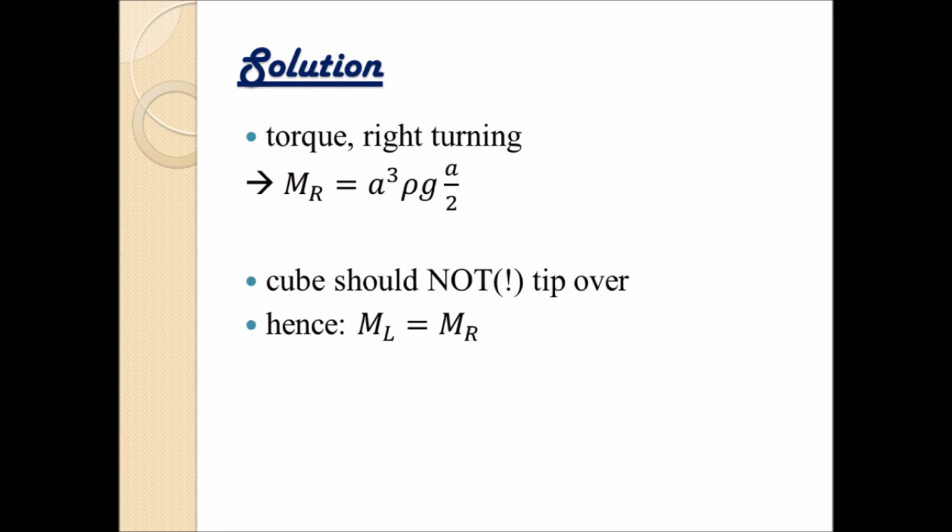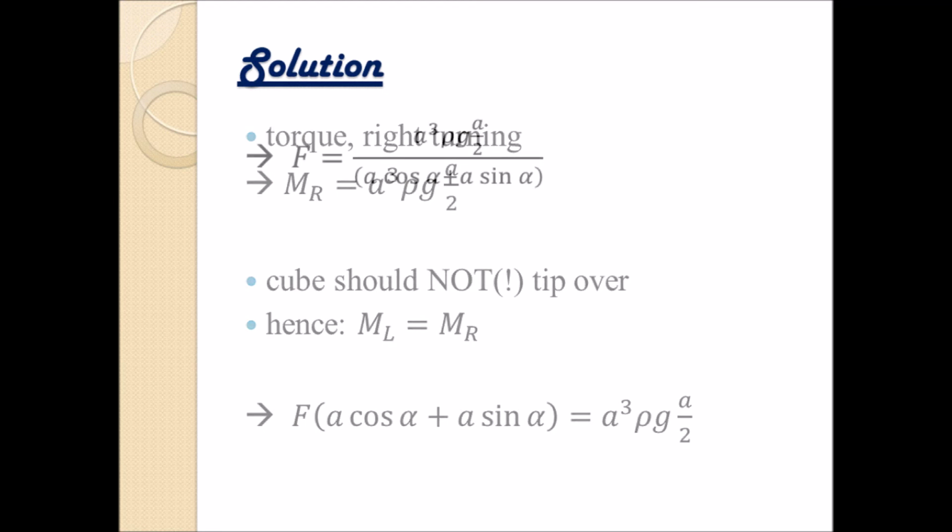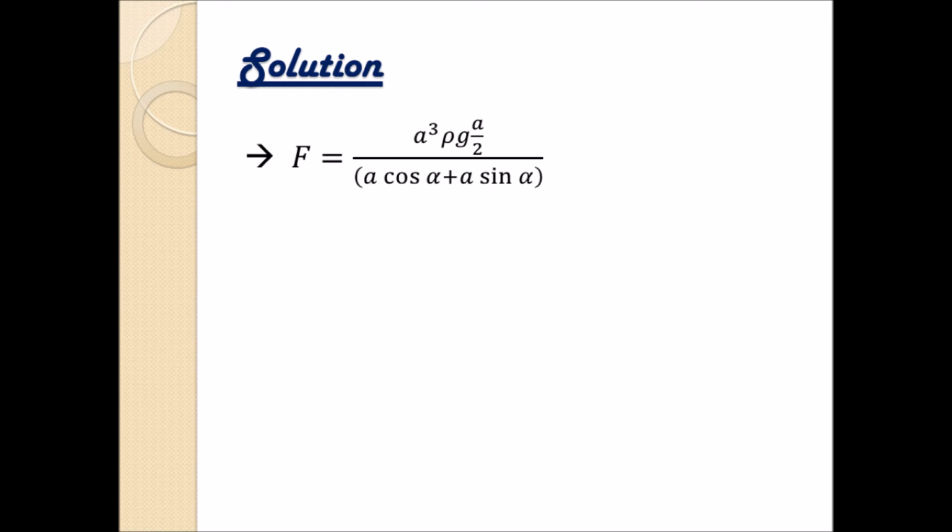Hence, ML equals MR. And now this is pretty neat because we can just take our two equations that we have derived and we put the left turning torque, considering the force F that we are looking for, the edge length and the angle alpha on the left-hand side, and on the right-hand side we have again edge length, density and gravitational constant. And we can calculate F then as a neat function of all given variables.